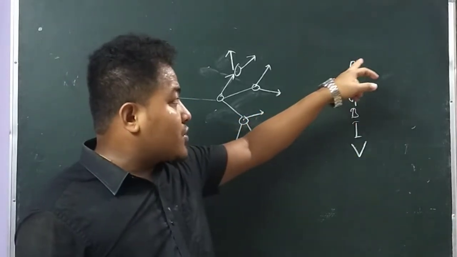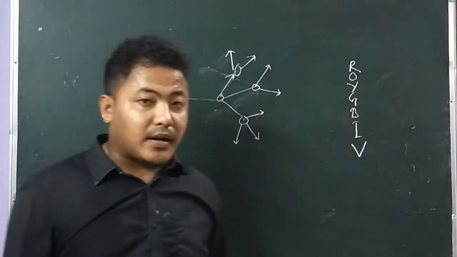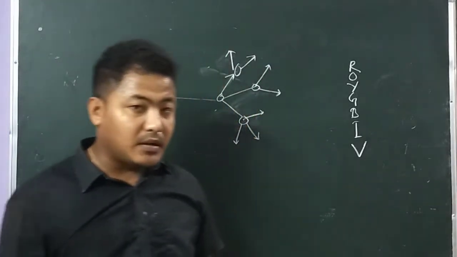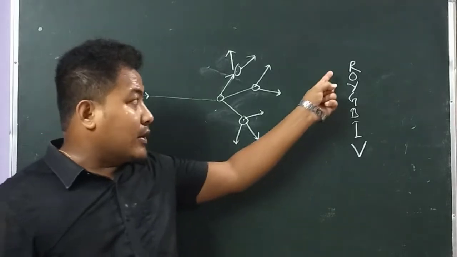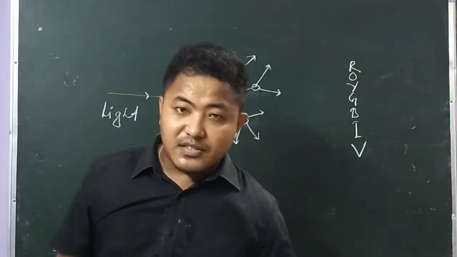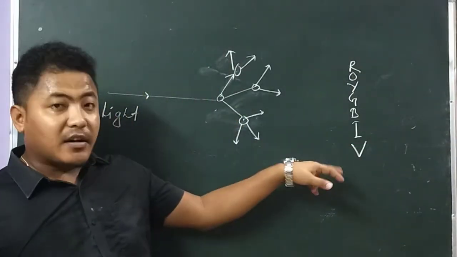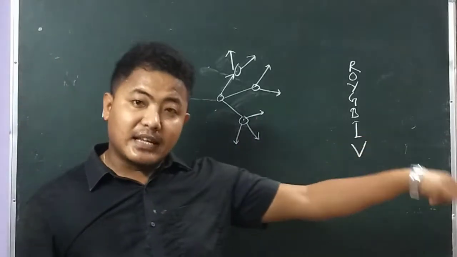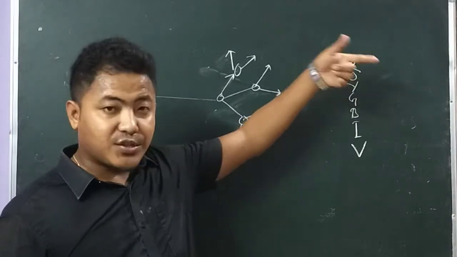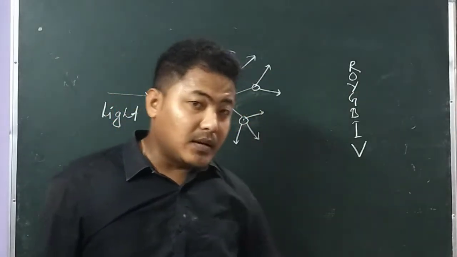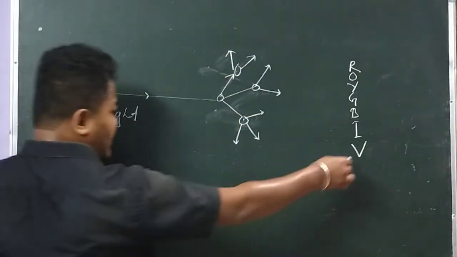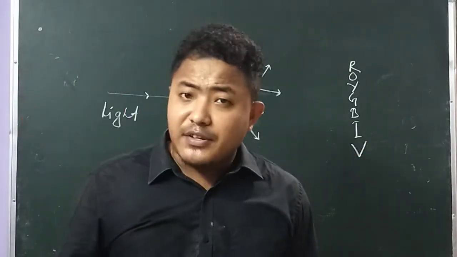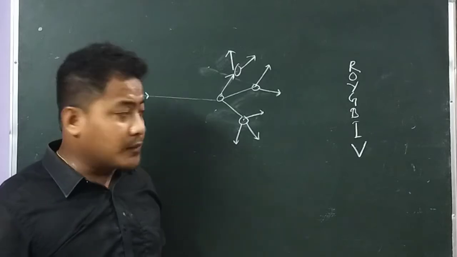Red has minimum refractive index and violet has maximum refractive index. Red color scatters less and violet color scatters most. Red's wavelength is maximum, that is why it scatters less. Violet scatters more because its wavelength is less and refractive index is more.